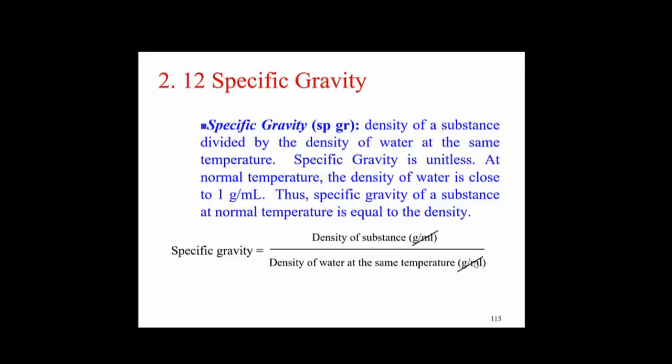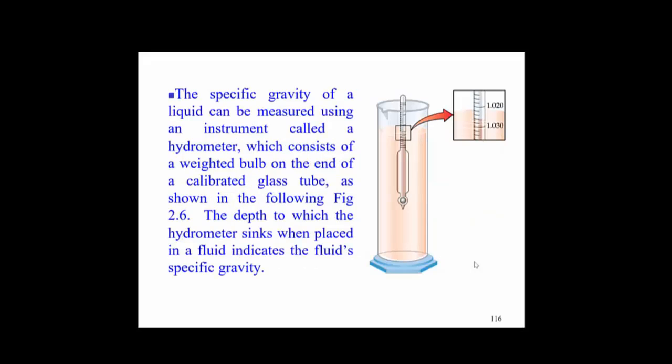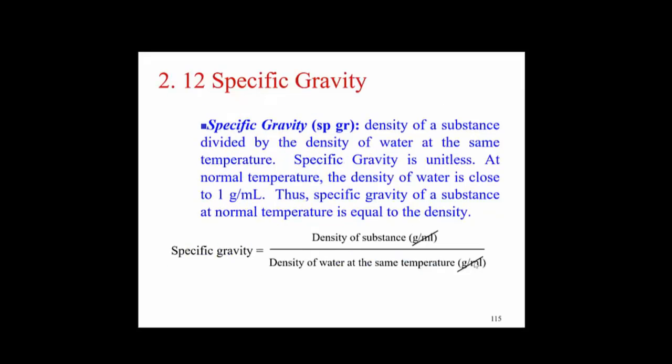It's a ratio. That means how many times the density is larger than the density of water. Cancel grams per ml from density, and you get specific gravity. Yes?